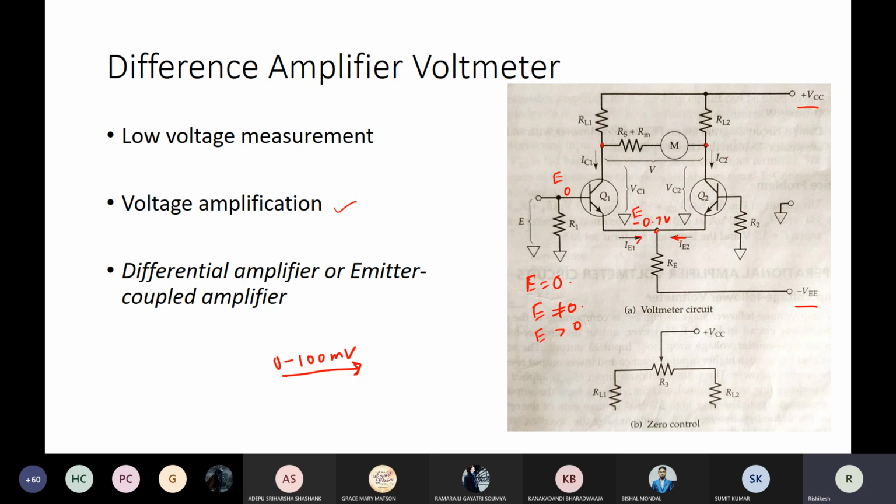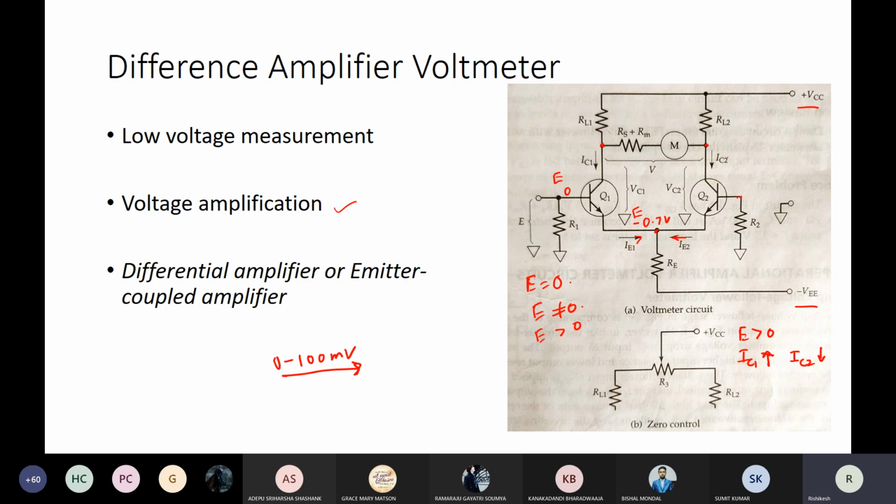Now, when this has increased, the other base is still at 0 potential. So the current in Q1 will increase, but the current in Q2 will decrease because of the decrease in the potential difference across VBE. So for E greater than 0, IC1 will increase and IC2 will decrease. This arrow I'm showing is about the magnitude, not the direction. When IC1 increases, what will happen to the potential at this node?